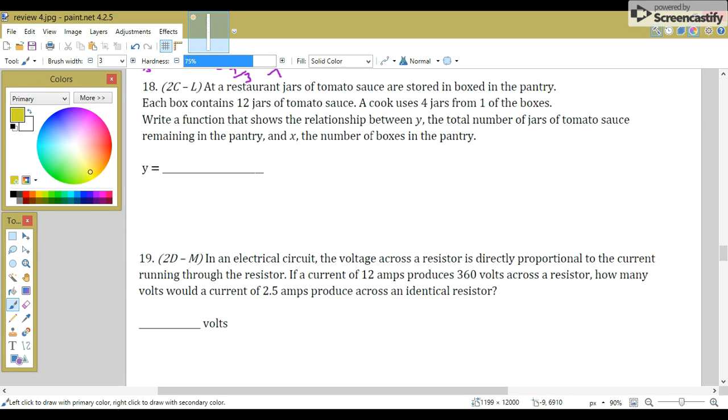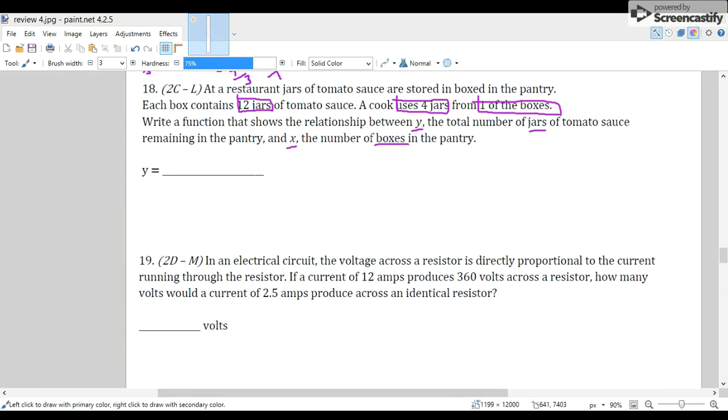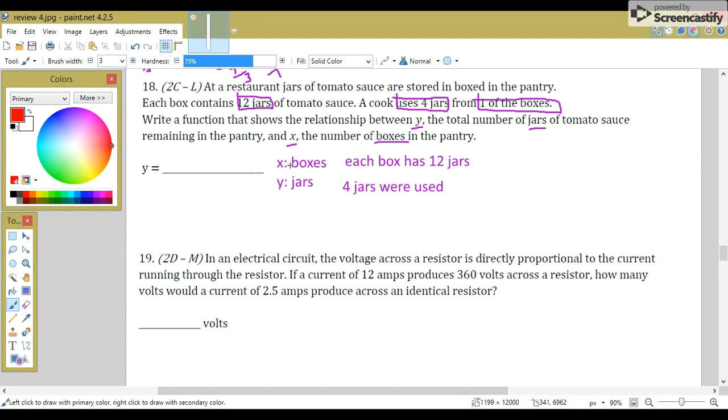So let's go ahead and box our numbers. We have 12 jars. They use 4 jars from one box. And we have y, number of jars, and x, number of boxes. So let's go ahead and write out our givens. The x is the boxes and the y is the jars. We know that each box has 12 jars.